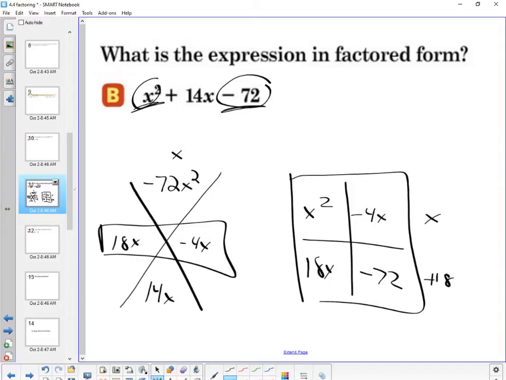Up because there's more space. Yeah. So what do these guys have in common? x. And then these guys? A negative 4. See how they both have a negative as well? So we're going to take out a negative 4. So here's one of my factors, and the other one is x plus 18. And if I were to multiply that out, I should get this back right here. Okay? So it's a really nice, consistent way to get everybody where they need to be.